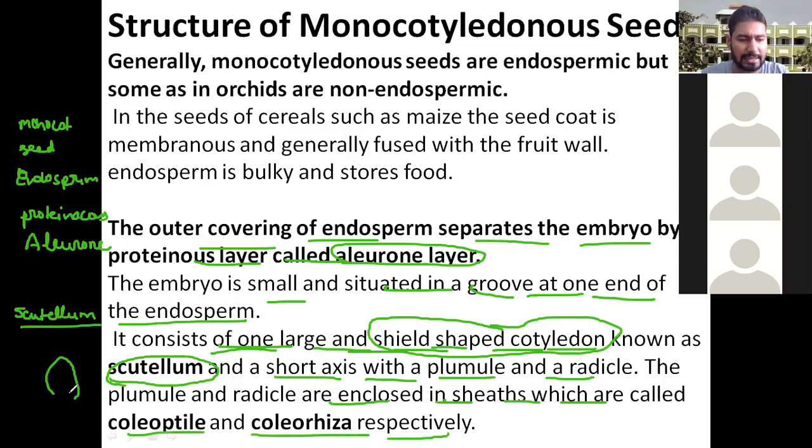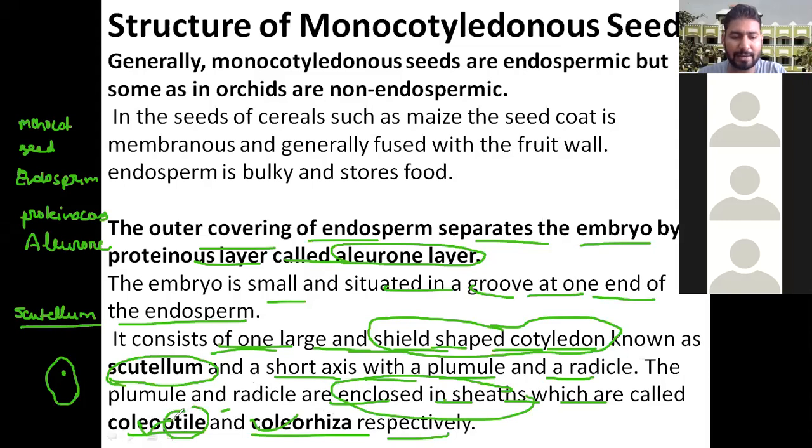Suppose this is the seed; here is the plumule and here is the radicle, but they are not mentioned clearly like in the dicot. This region is covered by a special sheath, whose basic function is to provide protection. How do you remember?